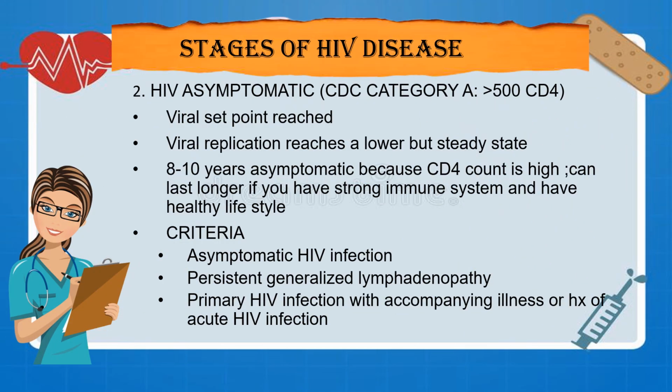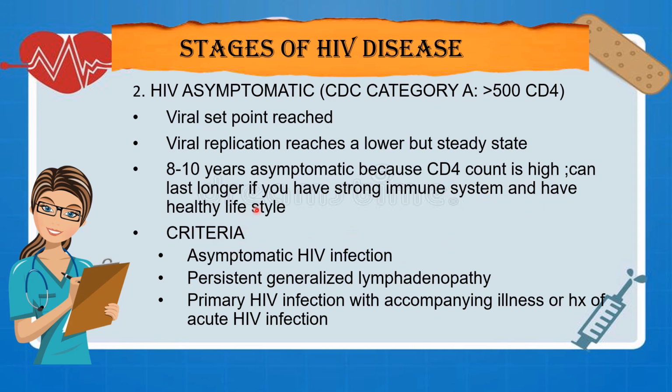So the second stage is known as the HIV asymptomatic stage. This stage 2 occurs when the CD4 plus T lymphocyte cells are between 200 and 499. So the viral set point has been reached, and then the viral replication reaches a lower but steady state, and the patient may be asymptomatic for 8 to 10 years because the CD4 count is high.